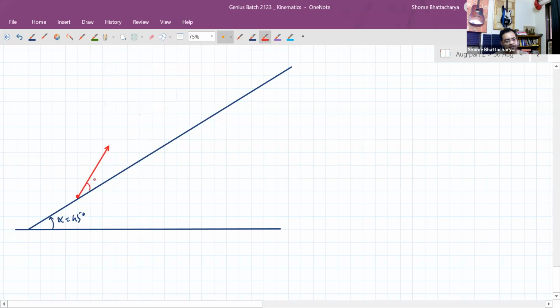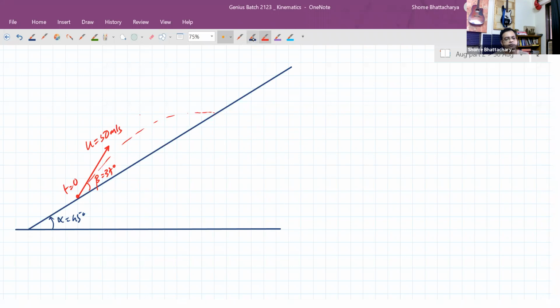This angle is less than 45, so that it's still not going to be a vertical motion. So beta is, let's say, 37 degrees, an easy angle to handle. And the speed of projection is, let us say, 50 meters per second at time t equal to 0. This goes and hits somewhere here.